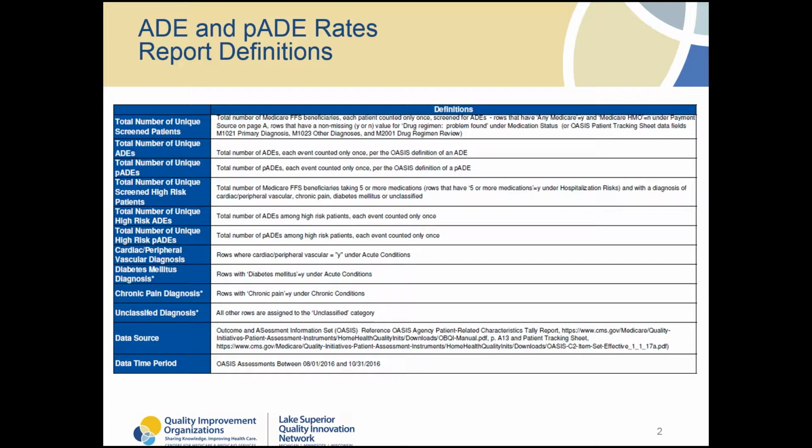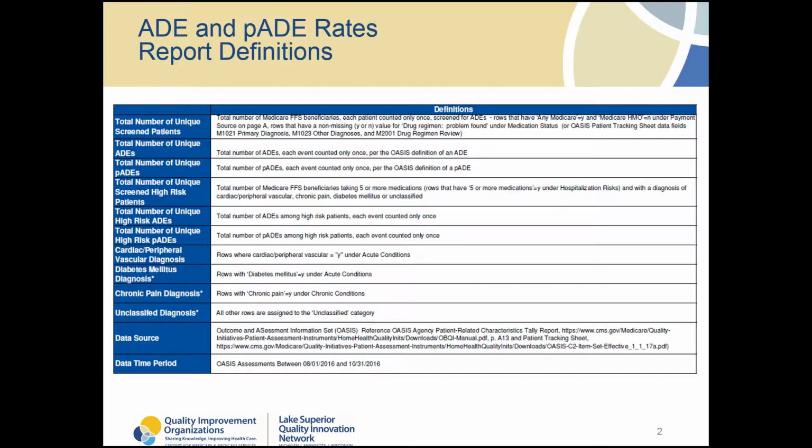On the OASIS form, this includes rows that have any Medicare equals Y and Medicare HMO equals N under payment source on page A. These are fee-for-service Medicare beneficiaries and does not include any patients on Medicare Advantage.